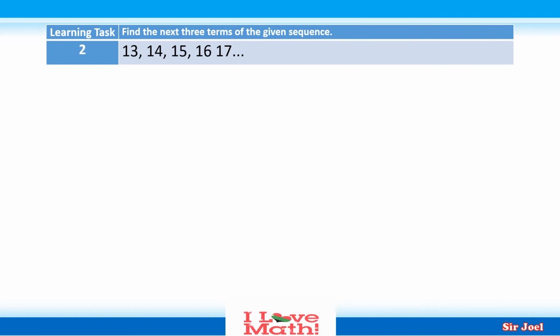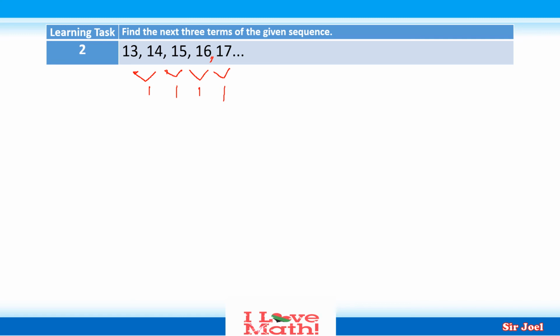Next sequence, 13, 14, 15, 16, 17. Ellipsis. Okay? So, ibig sabihin, 14 minus 13, it is 1. 15 minus 14, 1 pa rin ang difference. 16 minus 15, 1. 17 minus 16, 1 pa rin.